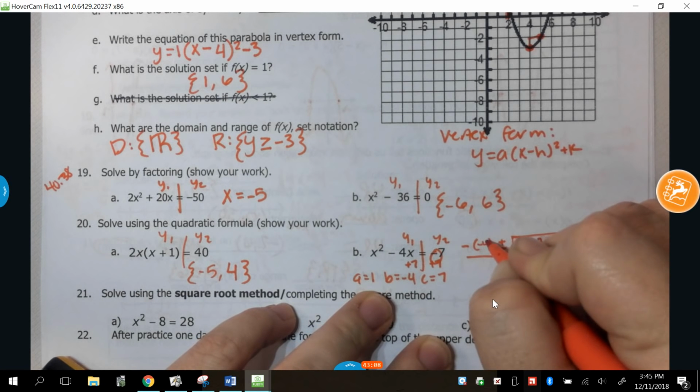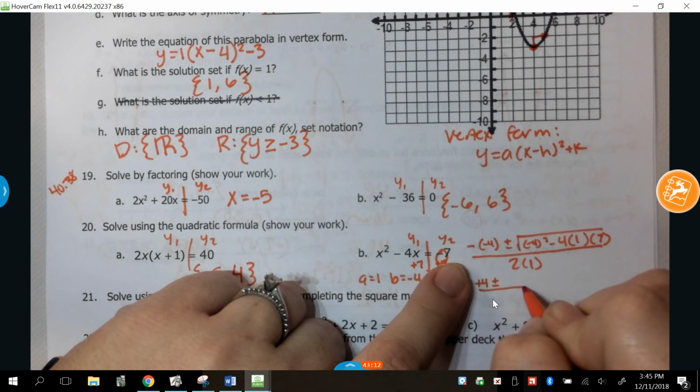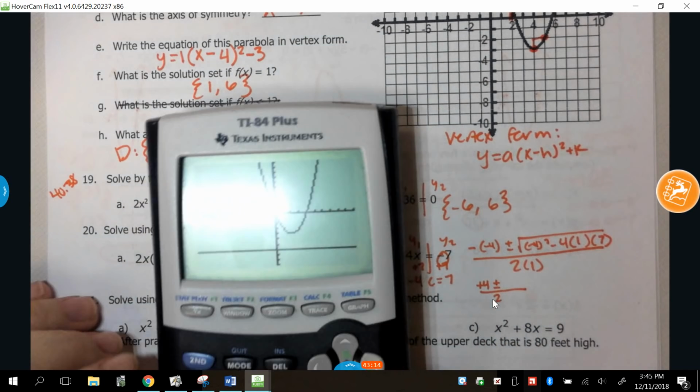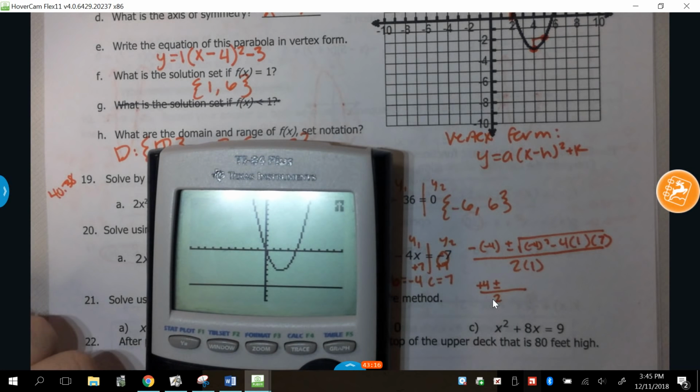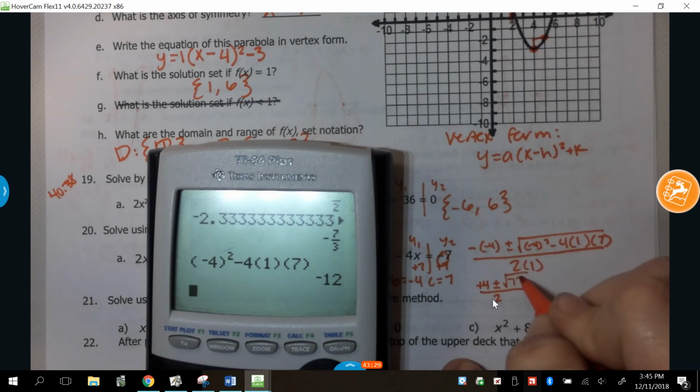So that gives me 4 plus or minus, over 2 times 1, which is 2. Let's type just the inside of the house. -4 squared minus 4 times 1 times 7. That gives me square root of -12.